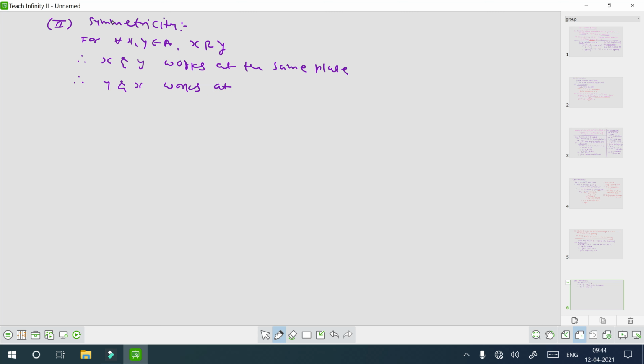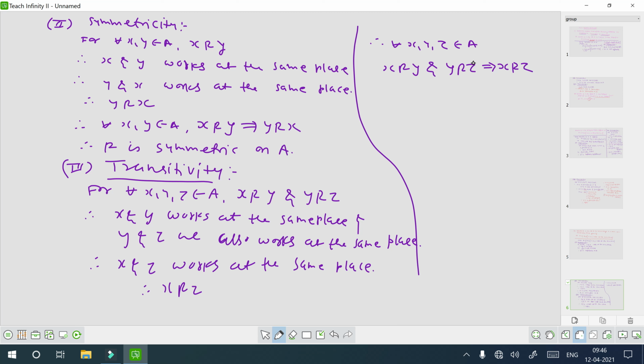So what is the conclusion? For all x, y, z belongs to A, x R y and y R z implies x R z. And therefore R is transitive on A. See, R is reflexive, symmetric as well as transitive.